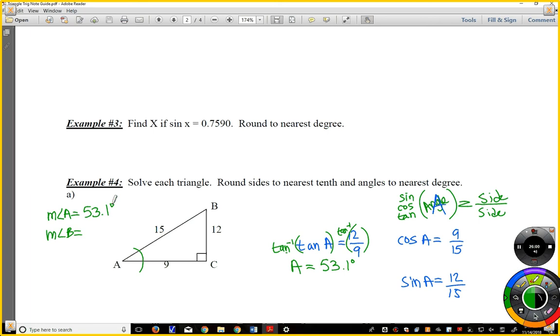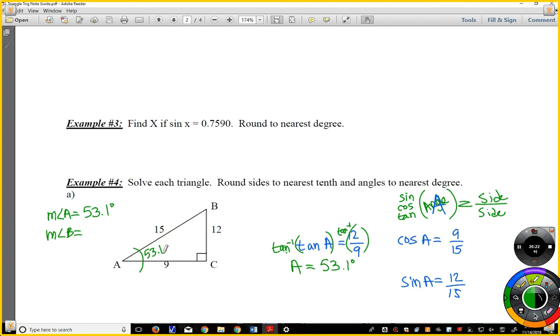And then how are we going to go find angle B? Do you have to use trig? Oh, look at what you know right now. Okay. Dylan? Yeah. Perfect.